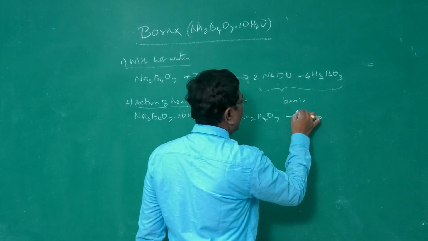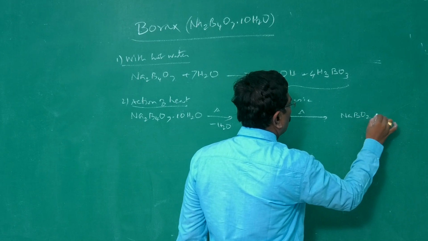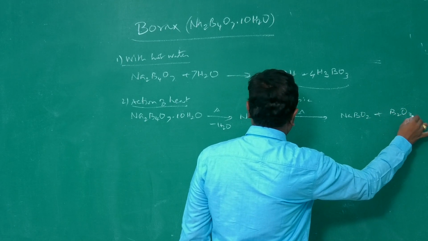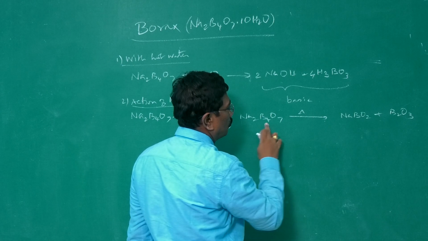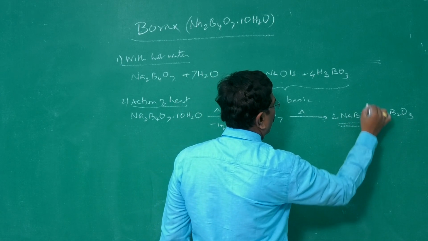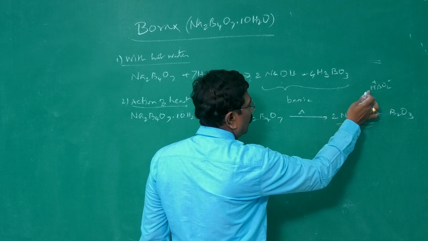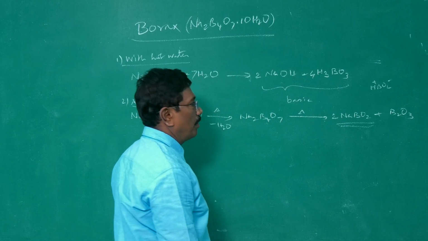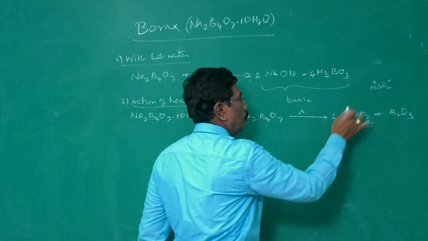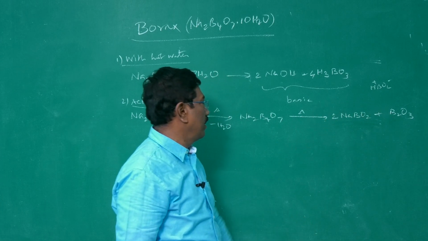When it is further heated, it gets decomposed into sodium metaborate and boron trioxide. Here, 4 boron atoms: 2 in the form of boron trioxide, 2 in the form of sodium metaborate. HBO2 is metaboric acid, H plus BO2 minus. Instead of H plus, we have sodium here, sodium metaborate. 2 boron in boron trioxide, remaining 2 should be here.